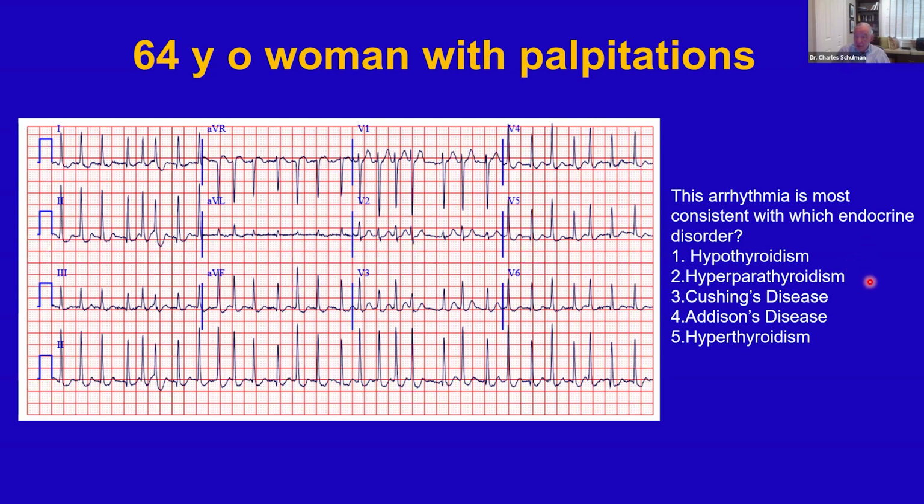Hypothyroidism, hyperparathyroidism, Cushing's disease, Addison's disease, or hyperthyroidism? The answer is hyperthyroidism, which is one of the reasons that if you see a patient with atrial fibrillation, you should obtain a TSH.